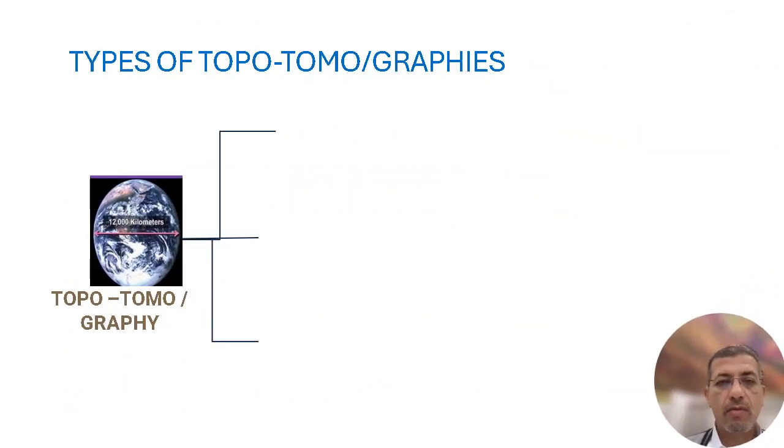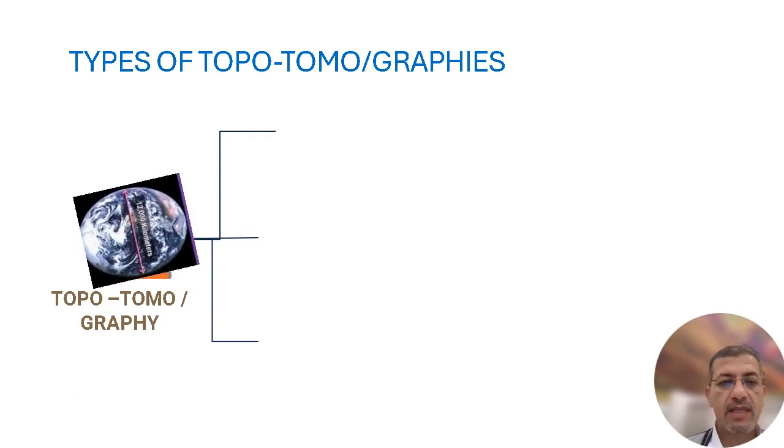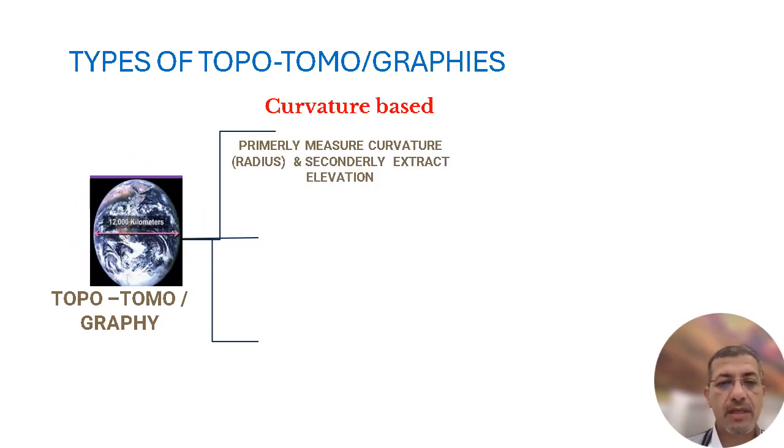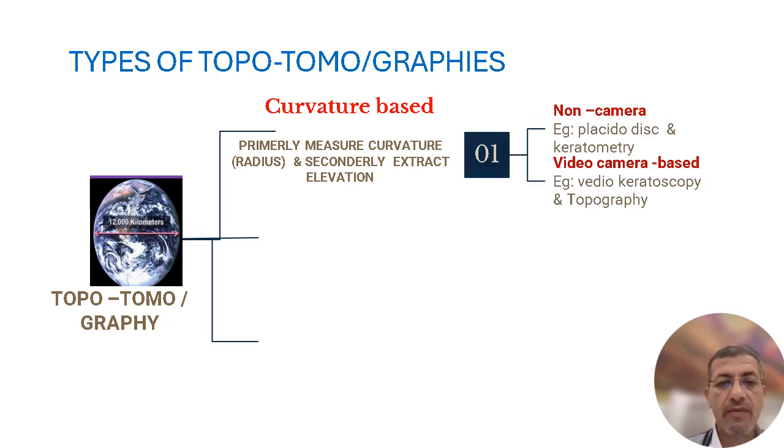Corneal topography or tomography is broadly classified into curvature-based topography, which primarily measures the curvature of the cornea and, by mathematical calculations, secondarily extracts some information about the shape of the cornea or the elevations.